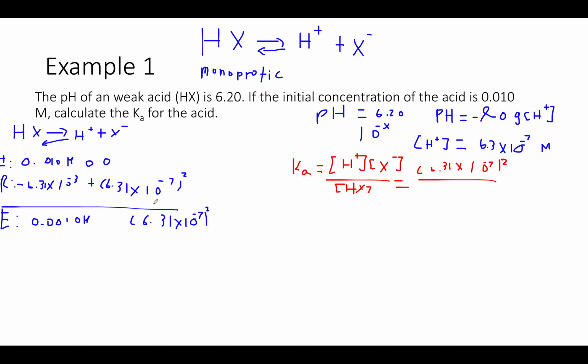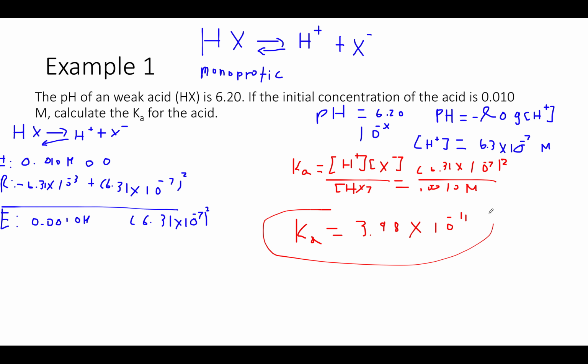On the bottom we have the undissociated acid, 0.001 molar. So when you do that division, you find the Ka of this weak monoprotic acid to be 3.98 times 10 to the negative 11th. And that's the final answer. So what we did is we took the pH, we found the hydrogen ion concentration, that's what we're reacting. We found our equilibrium concentrations, and we plugged that into the Ka equilibrium expression.